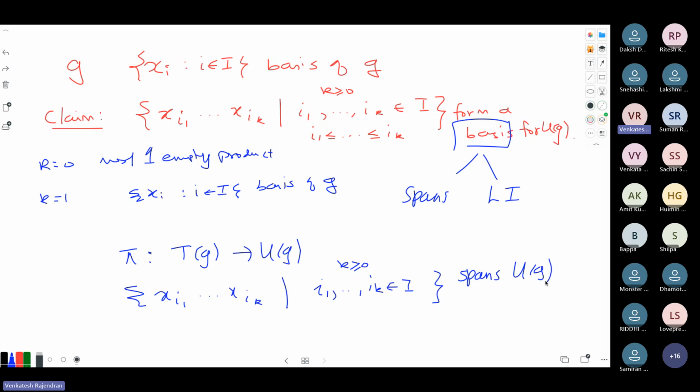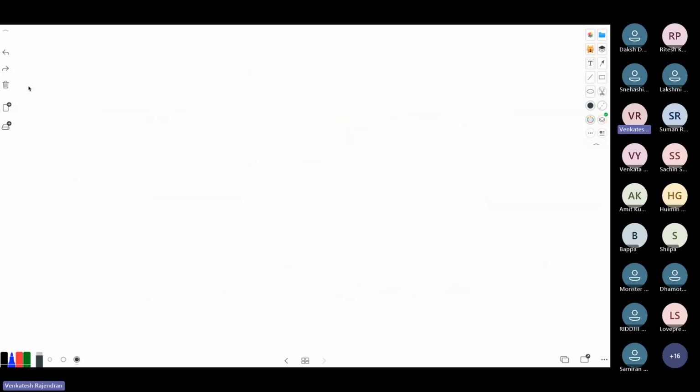Now from this, somehow you need to go to ordered monomials. Let's see how one can do this. Like I said, you induct on the length as well as the number of switches that you are going to do in this word. It's better to think of them as words. So you have x_{i1}, etc., x_{ik}. If they are in the correct order, then there is nothing to prove, they are already in the correct order.